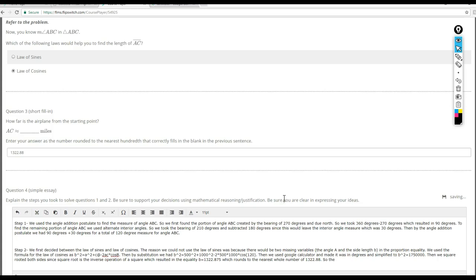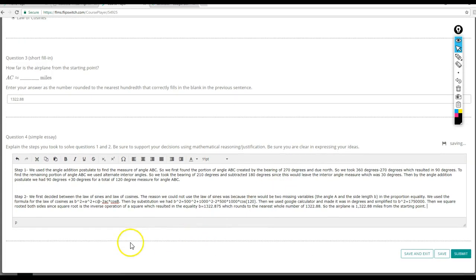So the airplane is 1,322.88 miles from the starting point. All right, so there's your project. We can save and then submit it.